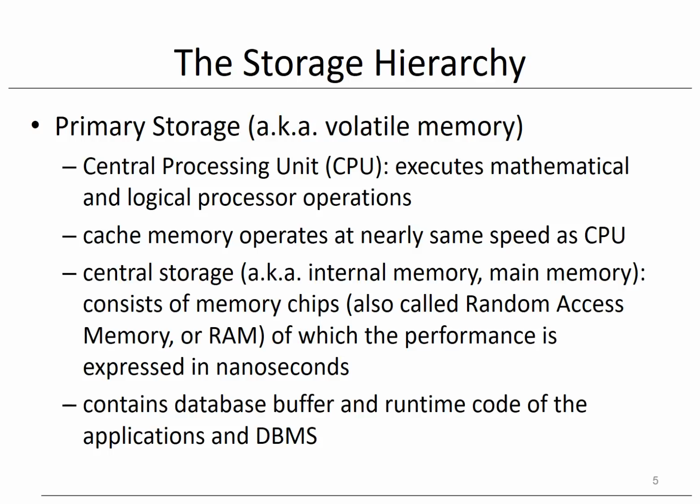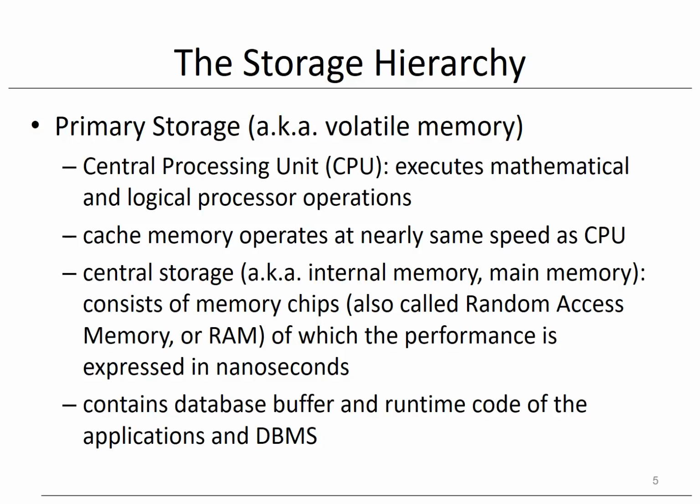Below that, we have central storage, which is also referred to as internal memory or main memory. It consists of memory chips, also called random access memory or RAM, of which the performance is expressed in nanoseconds. Each individual byte in central storage has its own address and is directly referable by the operating system.